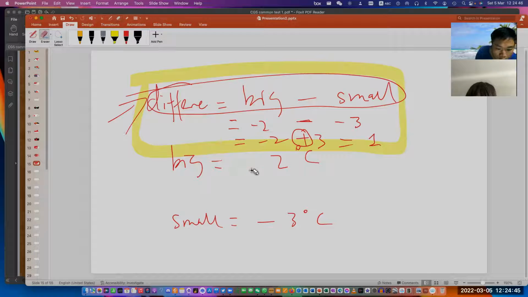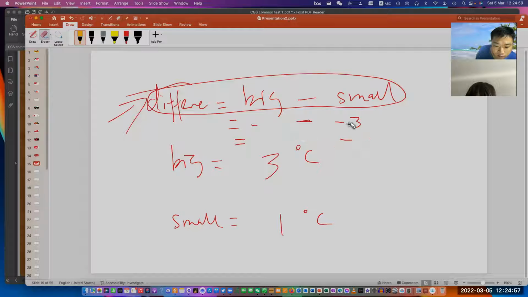So the big one is 3 now. The small one is 1. In this case, it's not plus. In this case, I just make use of the formula. Since the formula says big minus small, big is 3, minus small is 1. 3 minus 1 is 2.